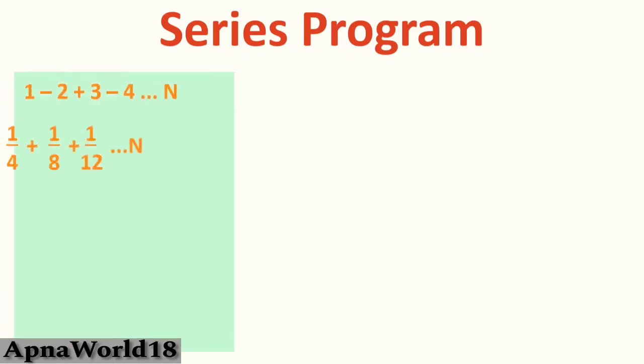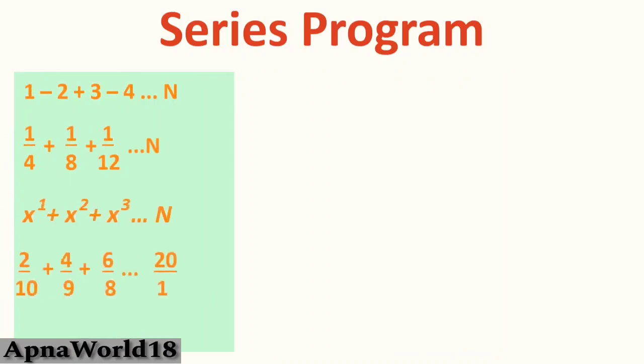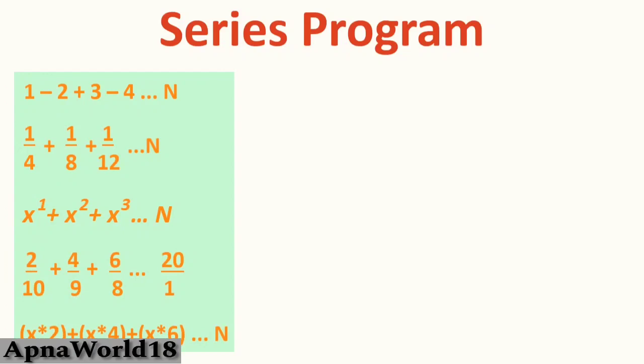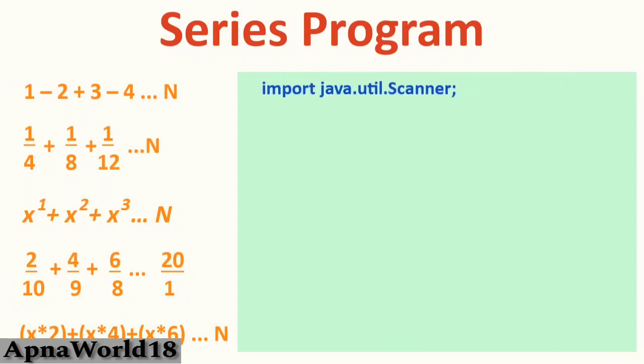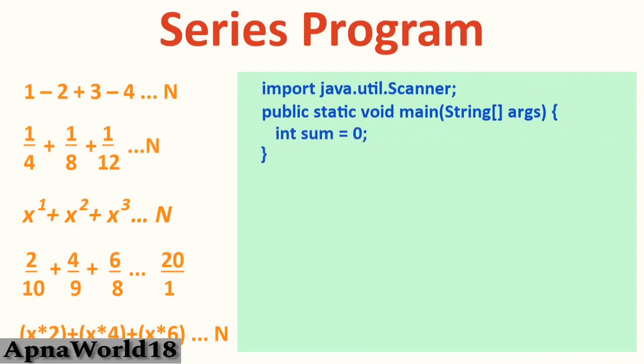Let's start by first looking at a few series and see what are some common things you need to do to build a template which you can use for all different types of series. We will start our template by including the utils library and writing the main function. Next thing you need to do is to declare a variable to hold the sum value.